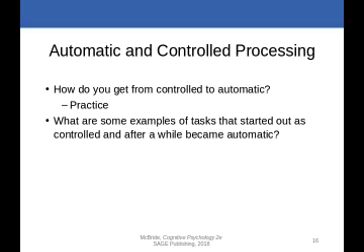Constant exposure, constant attempts to deal with something that's incongruent or something that you're doing, helps you to ultimately make something that you had to focus a lot of attention on much easier.